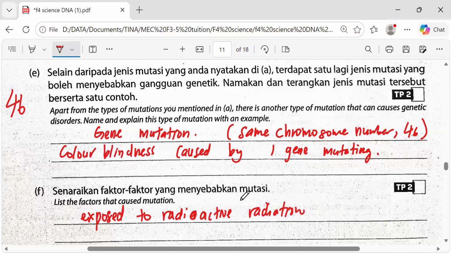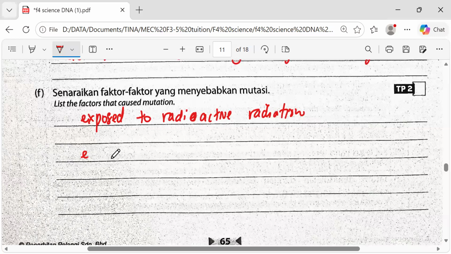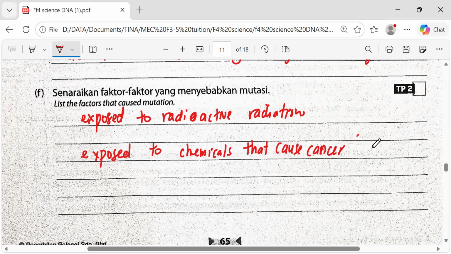You can also be exposed to carcinogens, chemicals that cause cancer. It can also happen naturally. One day the gene just goes wrong by itself.